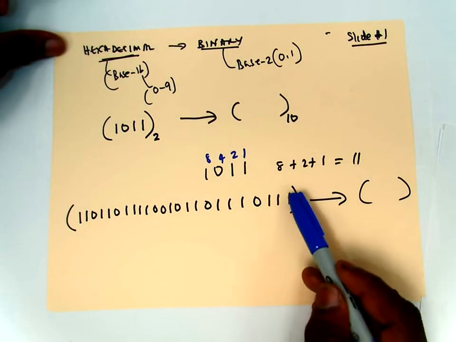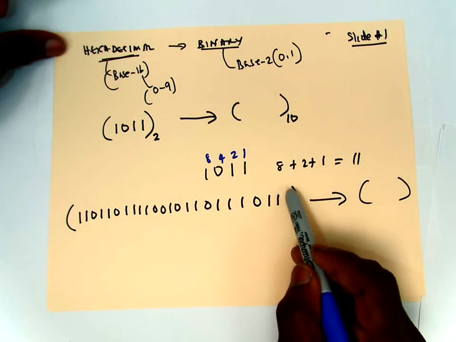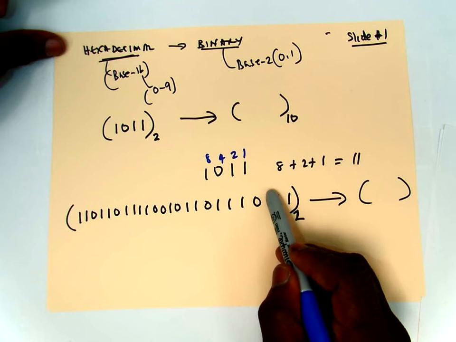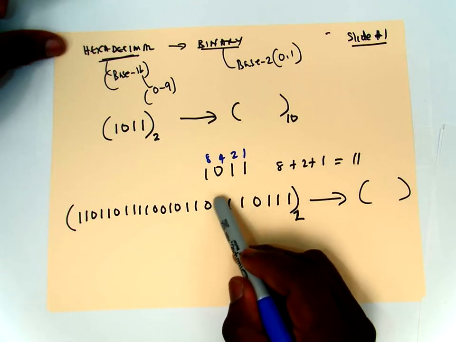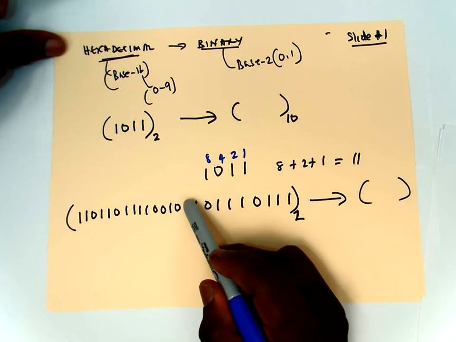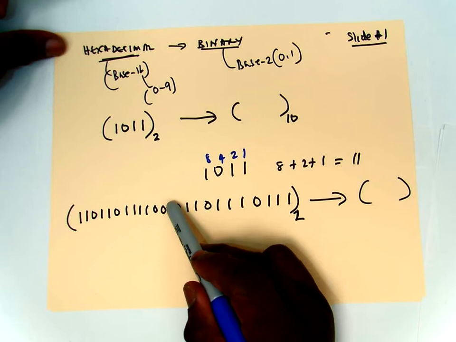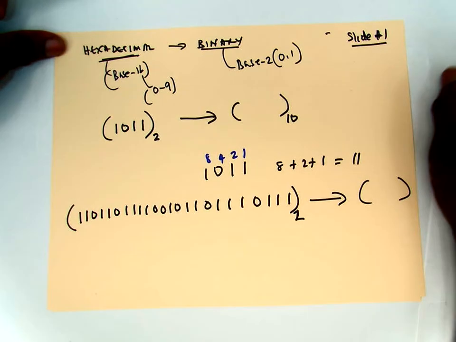If you have to plug in the powers of 2's, it will be too big. For example, this will be 1, 2, 4, 8, 16, 32, 64, 128, 256, 512, 1024, 2048. You see, we are not even halfway yet, so this doesn't make any sense.